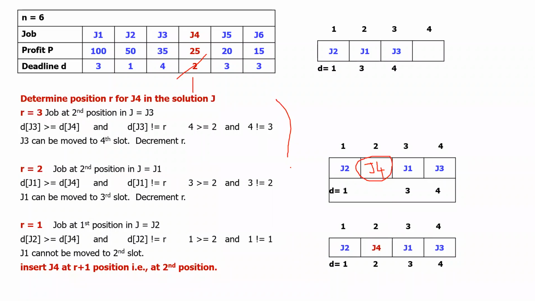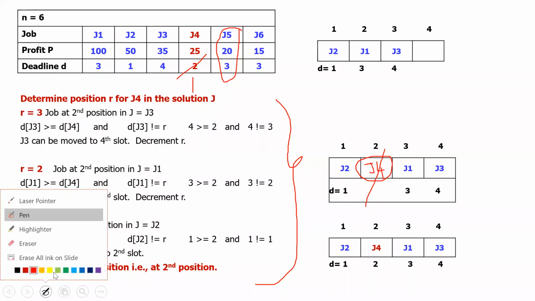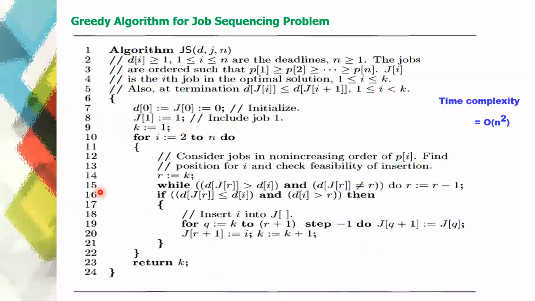So after all this analysis, I have to decide whether whichever empty slot is available, whether I can schedule J4 or I cannot schedule J4. If J4 can be scheduled, then it's fine. If J4 cannot be scheduled, then I'll move on and repeat the entire process for seeing whether J5 can be scheduled. Okay, so for this entire process that is discussed, this is the algorithm.